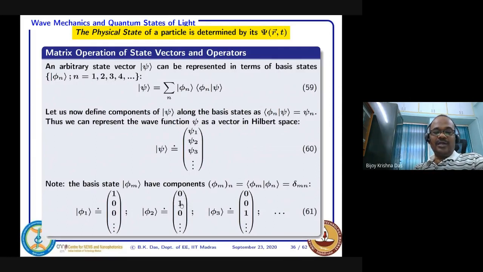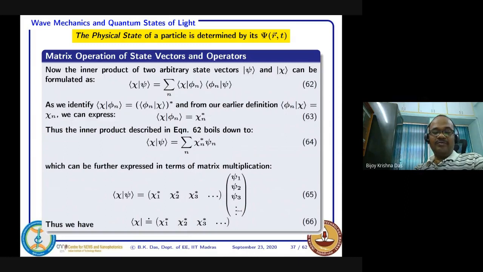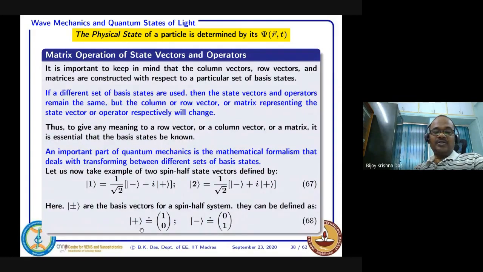And here the second one is 1, all others 0. That means only one component is there, and all other components are 0 along the phi 2 direction, phi 3 direction. So similarly, here we represent the plus basis vector as 1, 0, and minus as 0, 1.